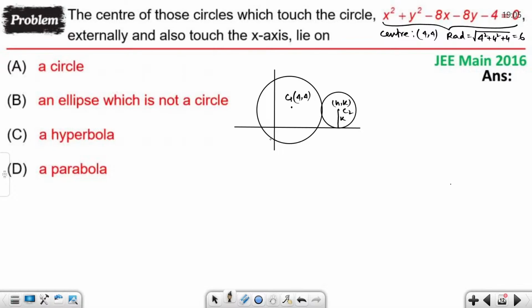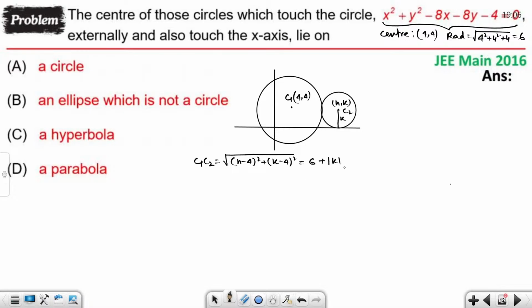Since these two circles are touching each other externally, the distance between their centers, root over h minus 4 whole square plus k minus 4 whole square, equals the sum of their radii, that is 6 plus mod of k.